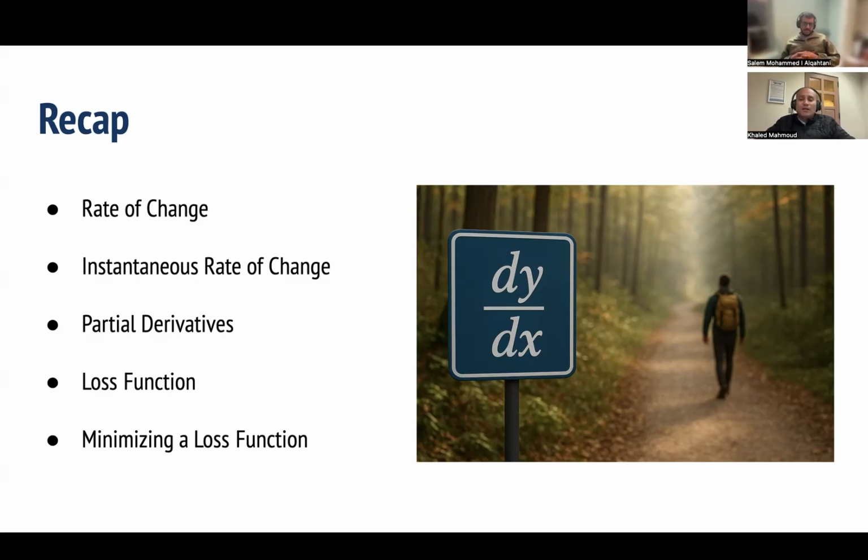And then we talked about the loss function, and how the loss function quantifies the difference between the prediction and the actual value, and how minimizing a loss function will find our machine learning model. So we talked about the rate of change a lot, and that will change. From now on, we will not mention the rate of change that much, because at this point, we have passed the point where we need to understand it.